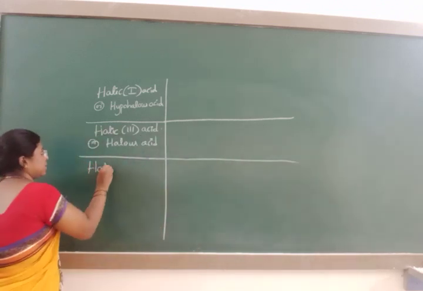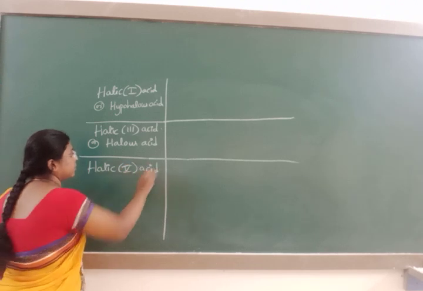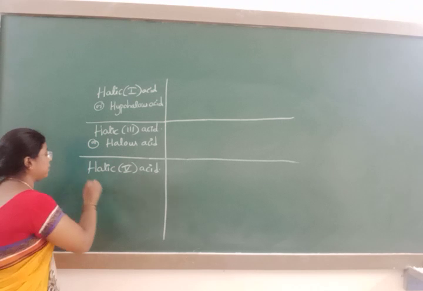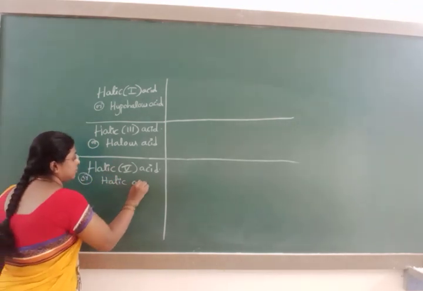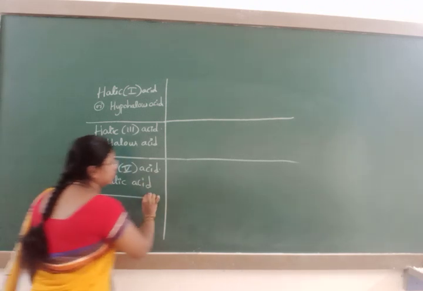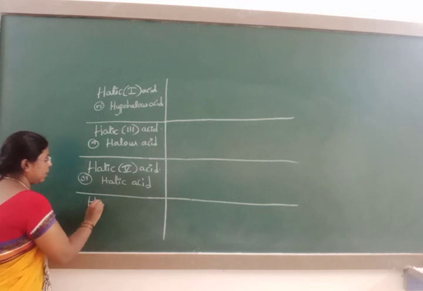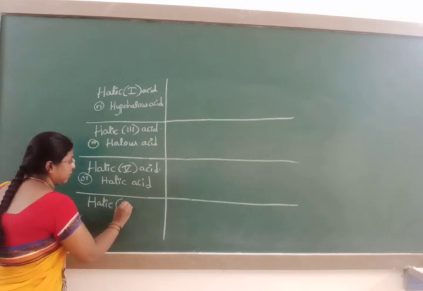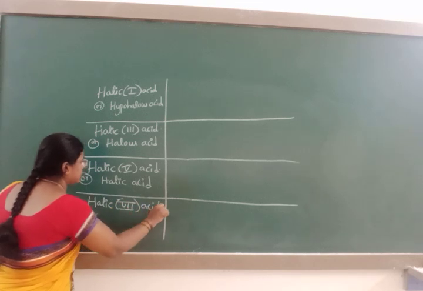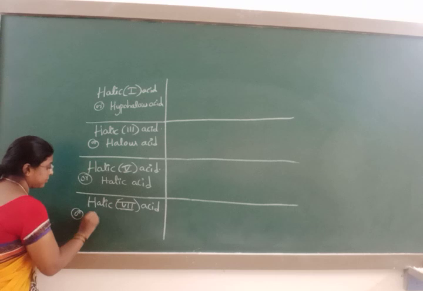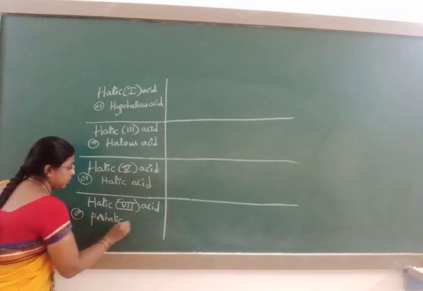If the oxidation state is 5, it is known as halic acid. If the oxidation state of the halogen is 7, it is known as perhalic acid.